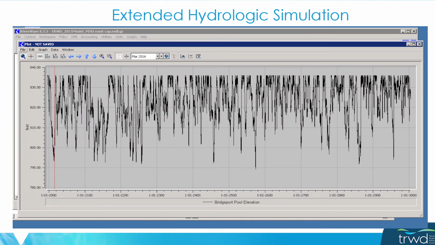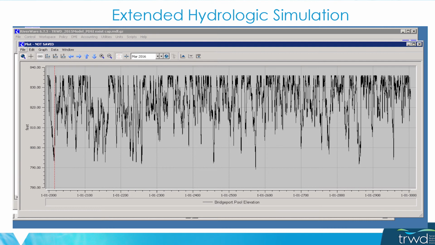So this, and I realize this is a little busy, sorry, is the resulting elevation of that same reservoir, Bridgeport Reservoir, for the 1,008-year period of record using that reconstructed hydrology. The good news is that our system is pretty robust.